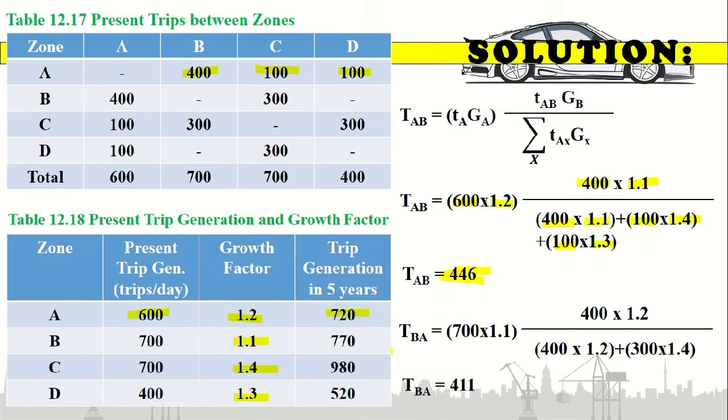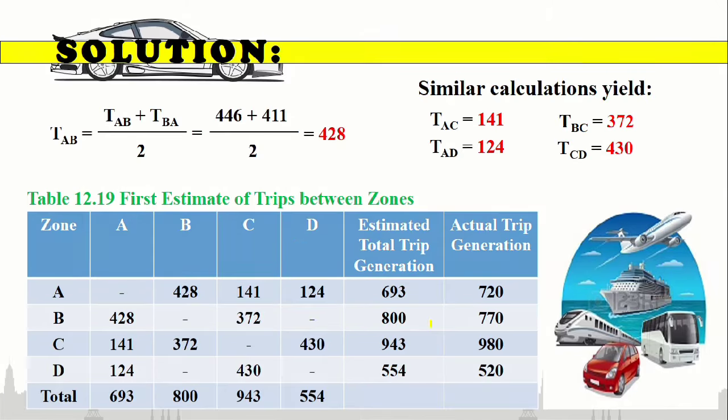So, the same process dito sa TBA. Pag kinuha natin yung number of trips dito sa zone B to A, ang makukuha nating sagot is 411. So, kapag nakuha na natin yung number of trips sa AB and BA, i-average na lang natin siya.